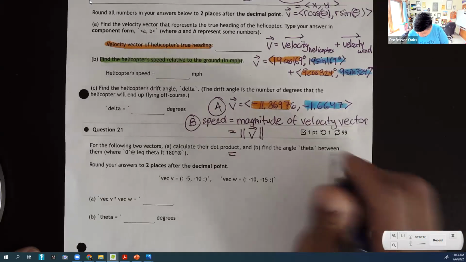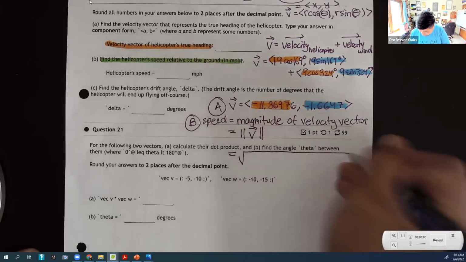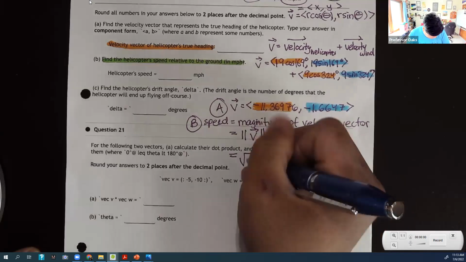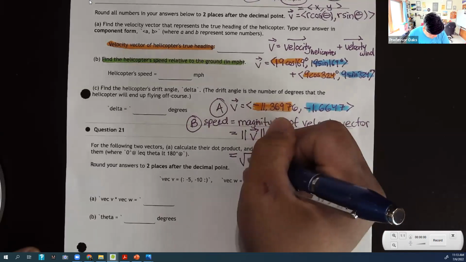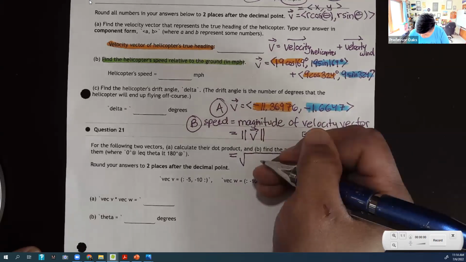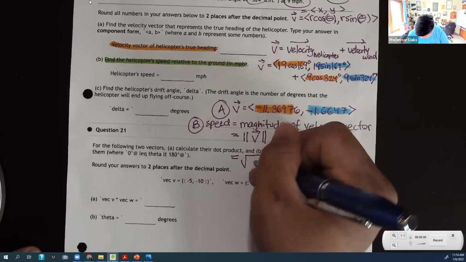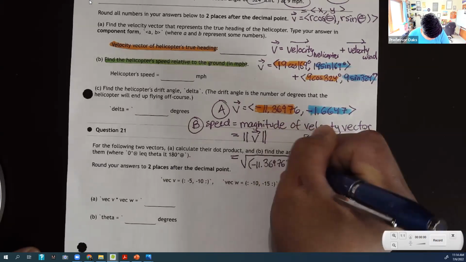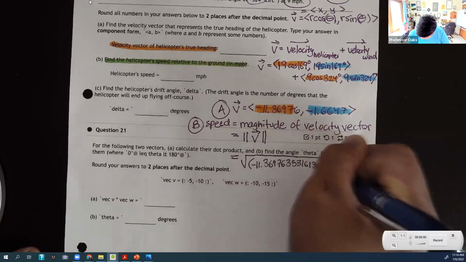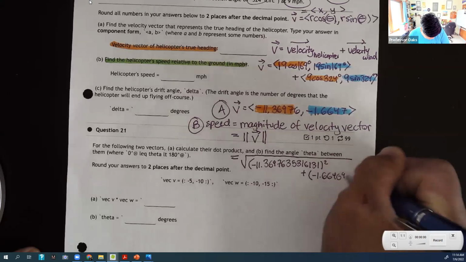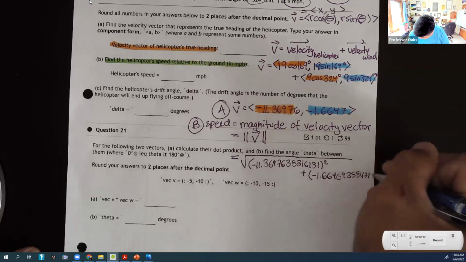But if you look at it, it will seem very familiar because it's really just the square root of the sum of the squares of those two numbers. So if I use the numbers that are not rounded off, which is usually the safest thing to do, then 3 squared plus negative 1.664693584779 squared.